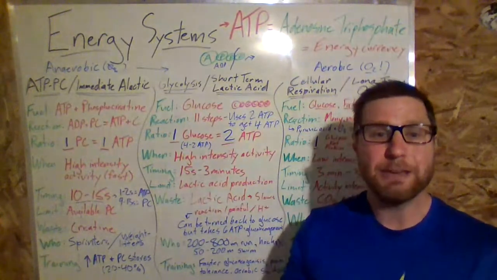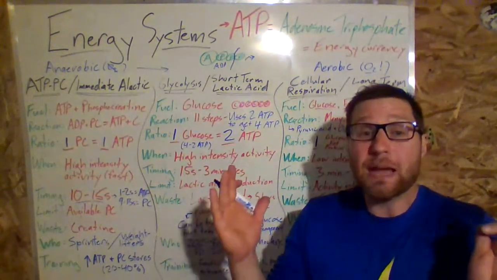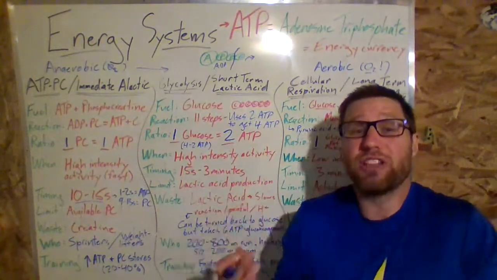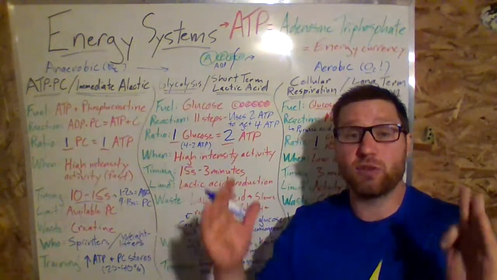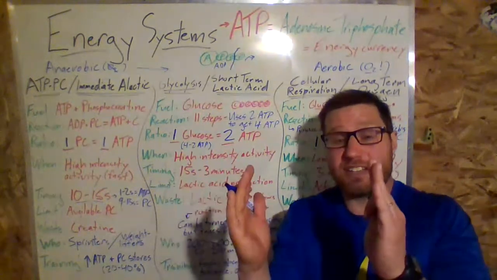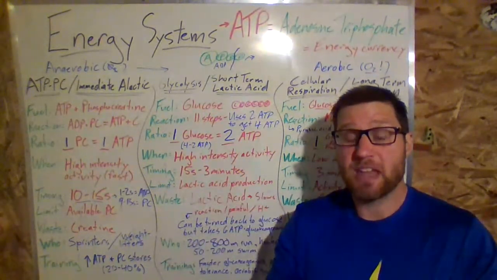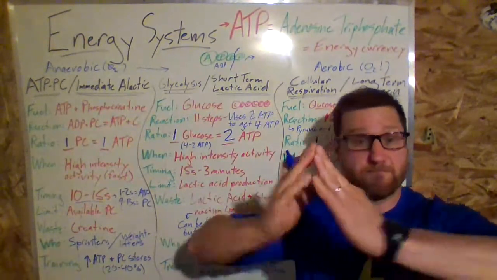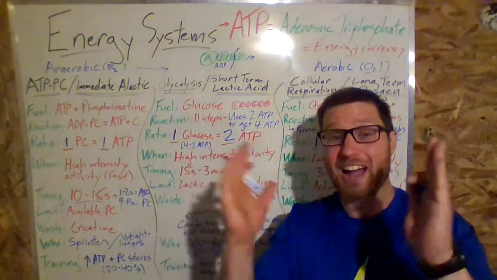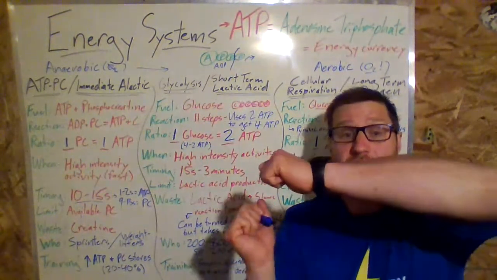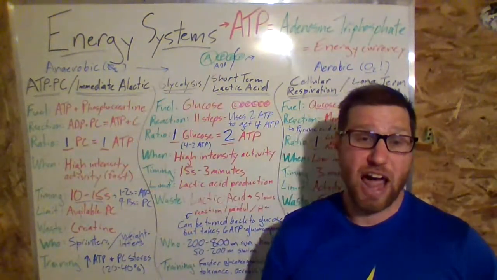So the ADP can recombine with phosphate to make more ATP. And that's really what the energy systems try to do, put phosphate back onto ADP to make ATP, triphosphate again. And then in the presence of water, bang, that reaction will occur and energy will be released for the muscles to contract.